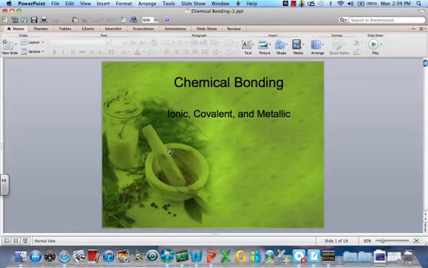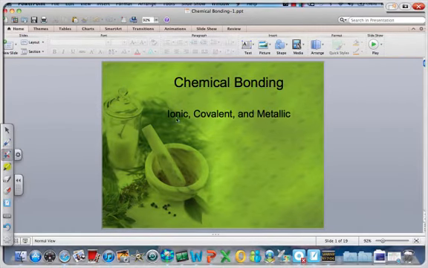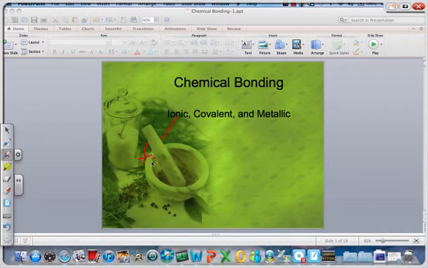Alright, so we need to talk about the differences between ionic, covalent, and metallic bonds. One of the main differences, and I hope that you remember this from one of your previous classes, is that ionic bonds are where there's a transfer of electrons.